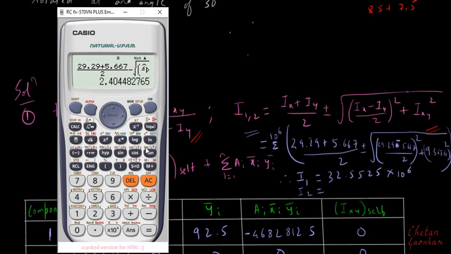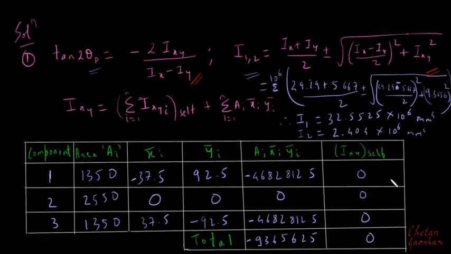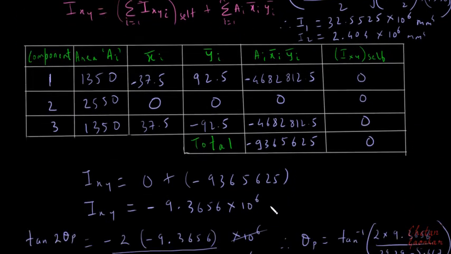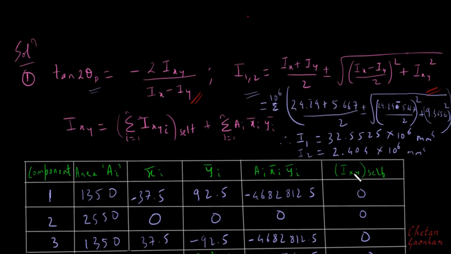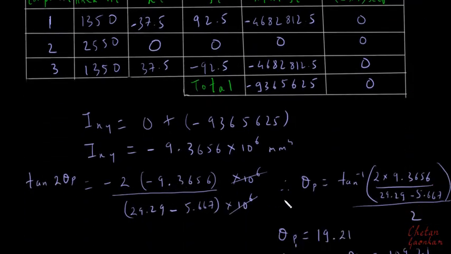And if I check this value, I'm getting 2.404 multiplied by 10 to the power 6. And of course the unit is mm raised to 4. Even this unit should be mm raised to 4. So these are the values of I1 and I2, and this is the value of theta p.